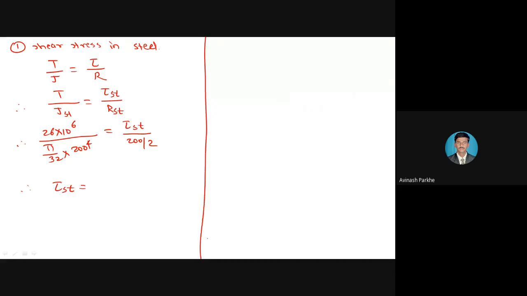Similarly, shear stress in copper. Same formula again, the torsion formula, T upon J is equal to tau upon R. I will write the formula with T as a common, J of copper is equal to tau of copper divided by R of copper.